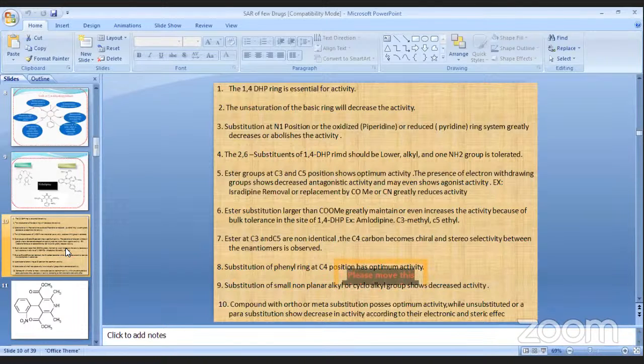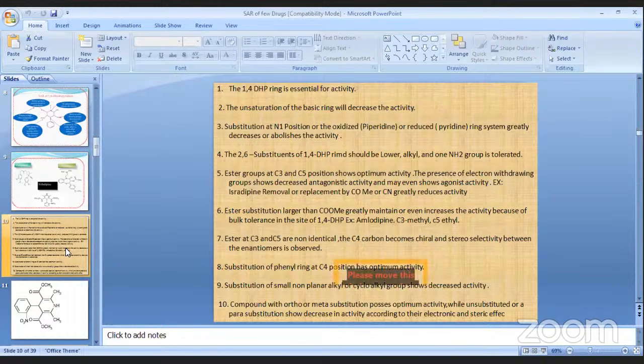An example is nitrendipine. It shows agonistic activity; antagonistic activity is not there. So the antagonistic activity will decrease, and it shows some agonistic activity, the opposite activity, if you remove this electron withdrawing group at the C3 and C5 positions.